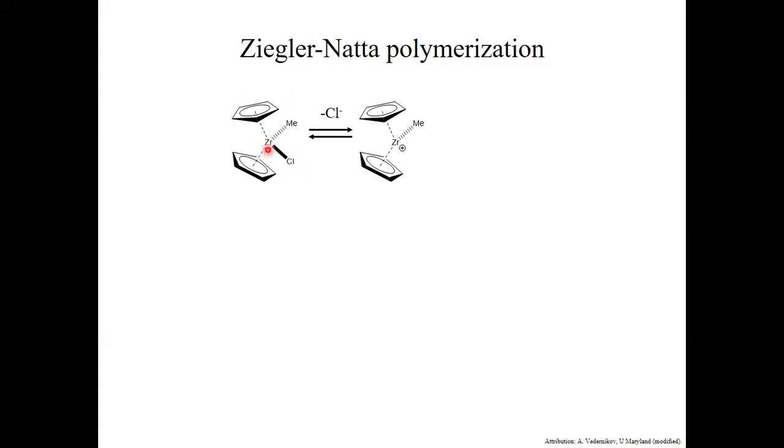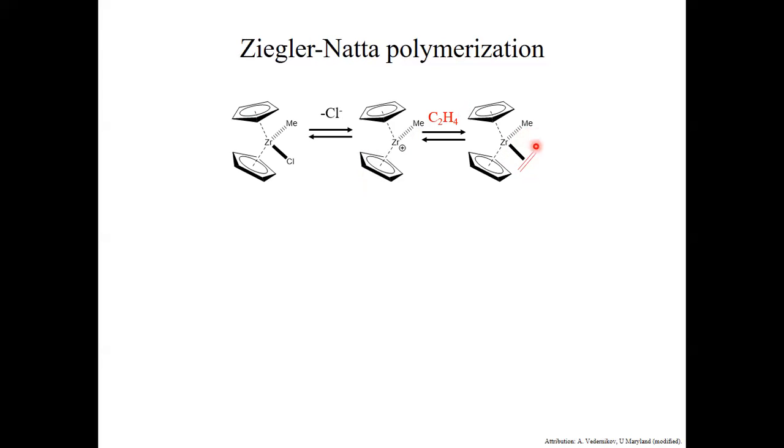And statistically, that complex can lose a chloro group, and then it forms this actual catalyst, which has a lower coordination number and is the actual reactive species. So now what this can do is it can add an olefin, in the most simple case, an ethene molecule to the unoccupied vacant site. Okay, and that olefin can just bind side on.